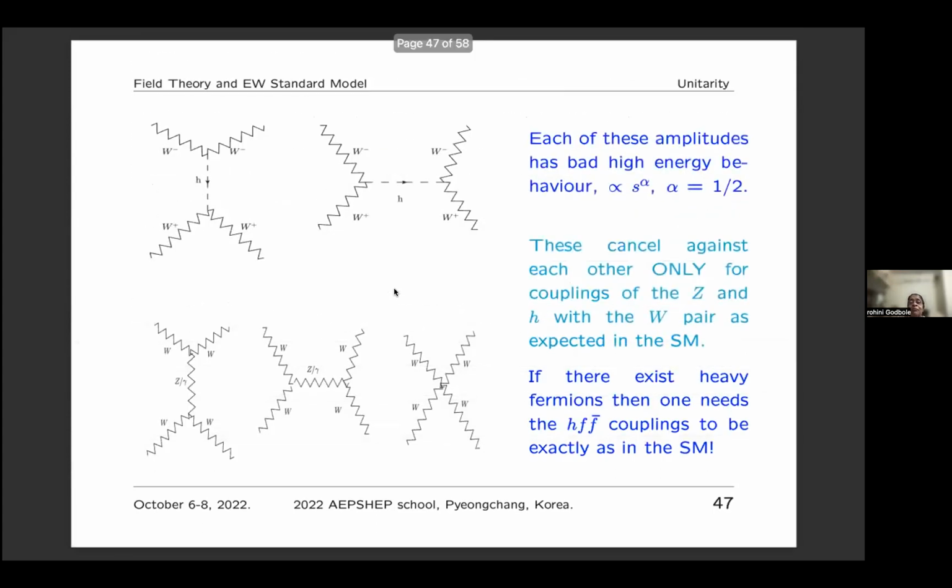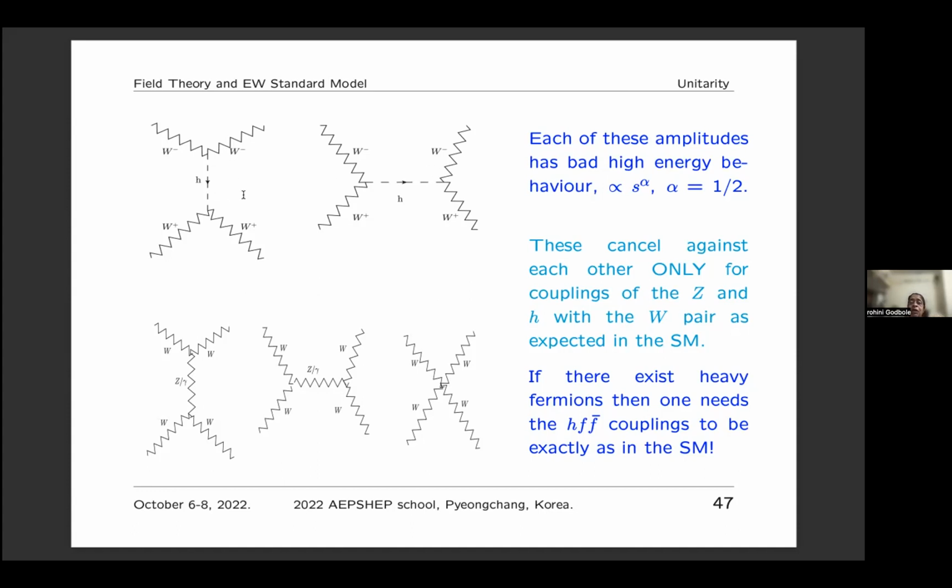One set of upper limits is arrived at by pure theoretical considerations, demanding that all these amplitudes, WW going to WW, are well behaved. There are 5 diagrams for WW going to WW. There is a 4-point coupling in the standard model for WW. Then there is the T-channel exchange of the Z and the gamma, the S-channel exchange of the Z and the gamma, and the T-channel exchange of the Higgs.